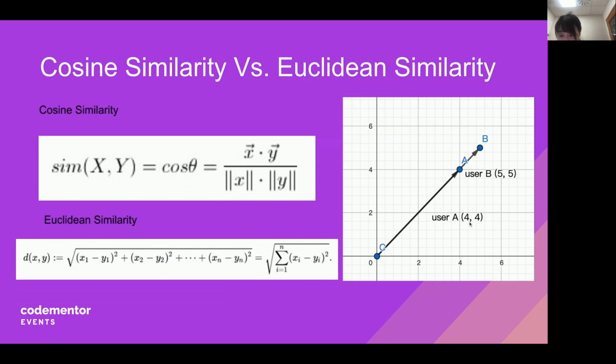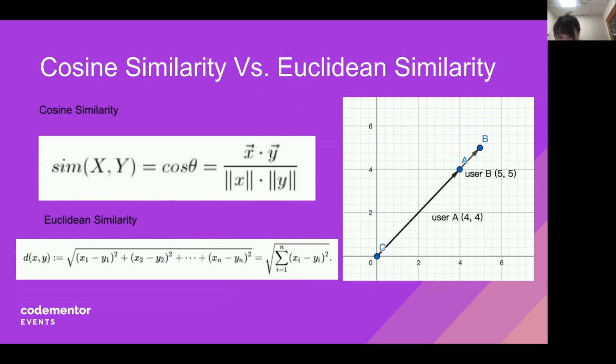If we compute cosine similarity and Euclidean similarity separately for these two users, it's obvious that cosine similarity equals 1, which means that there's no difference between these two users. However, the Euclidean similarity equals 1.4, which means that user A and user B are actually still very different.